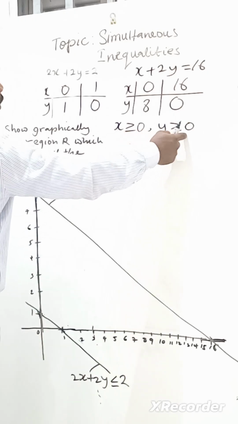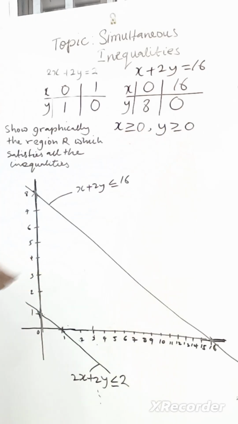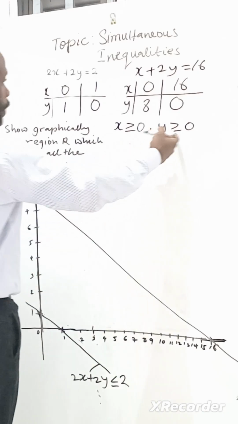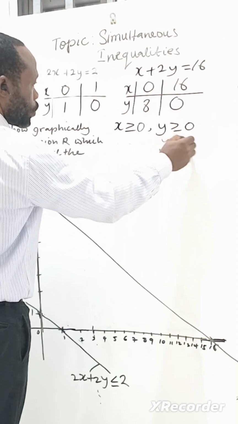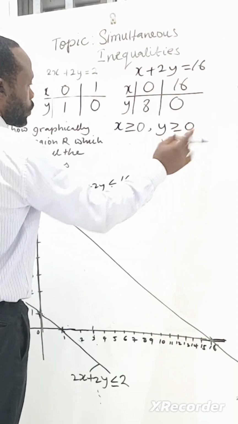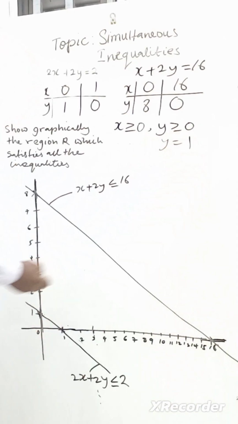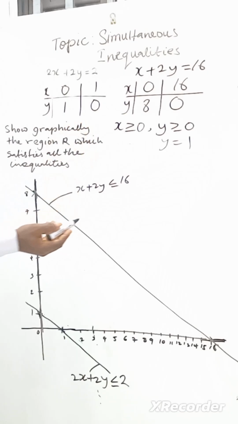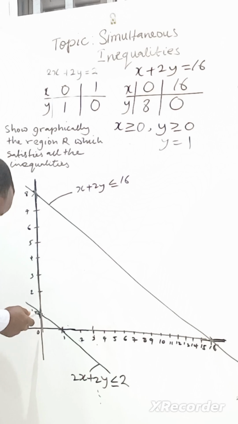When y is greater than or equal to 0, the line of this graph is a horizontal line. So if you have anything like this, say y is equal to 0, or y is equal to a value like 1, and you're asked to plot it on the graph, it is going to be a horizontal line. If we plot that on the Cartesian plane here, this is point 1 on the y-axis.